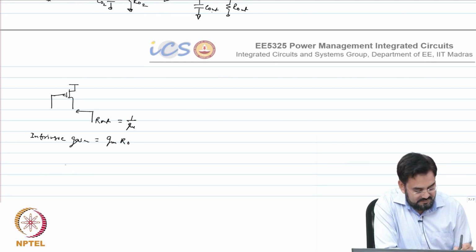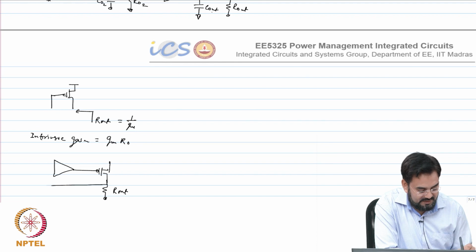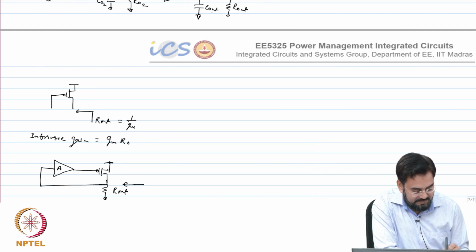So, if you have this, if I call it R out and you feed it back with the gain A, what is the impedance looking here?